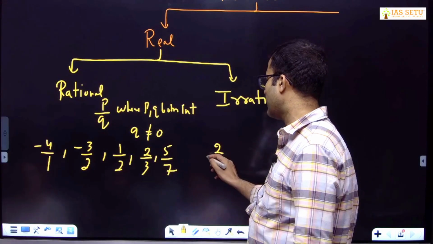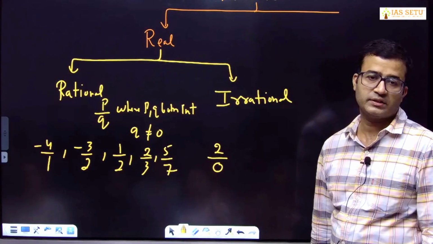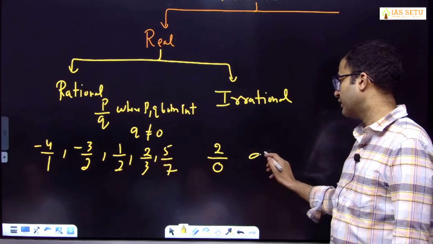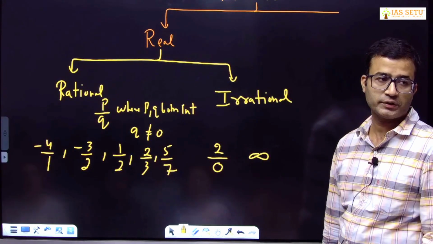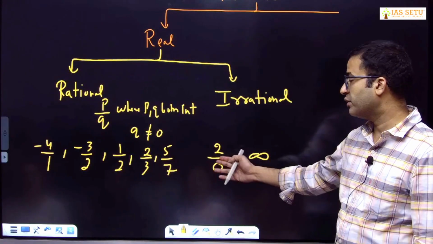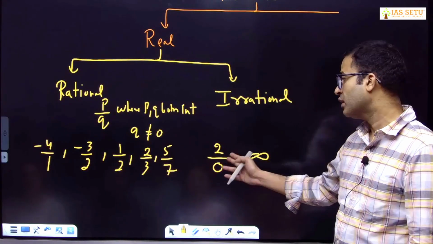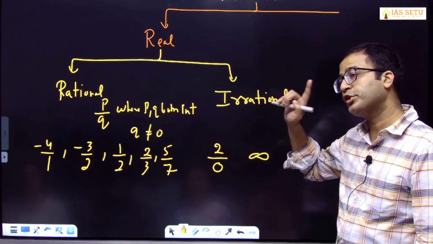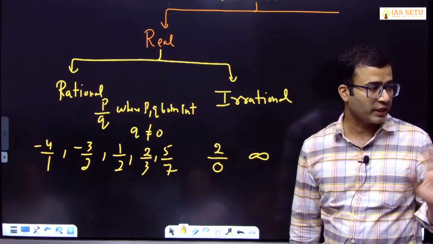Like if it is 2 by 0, if you take denominator 0, then what is this? Infinity, which we can't define actually. So if your denominator is 0, that is infinity, which we cannot define. That's why there is a condition: your denominator cannot be 0.